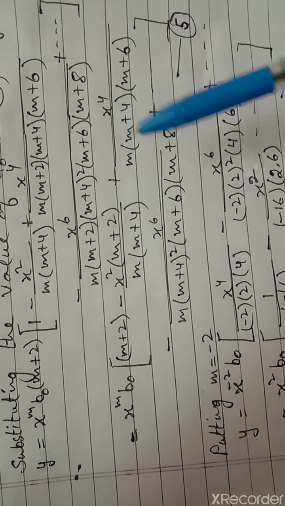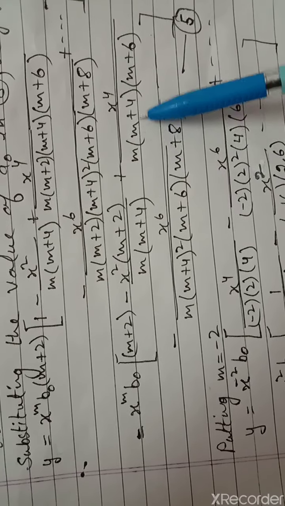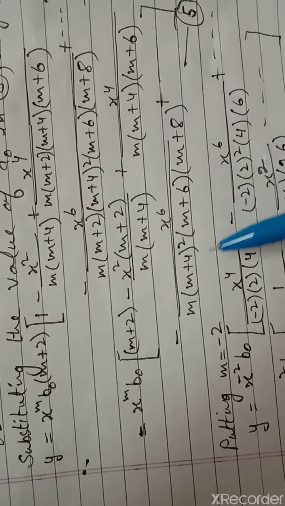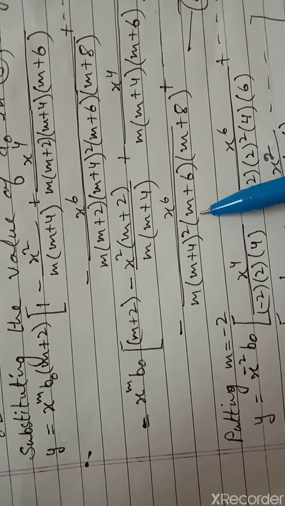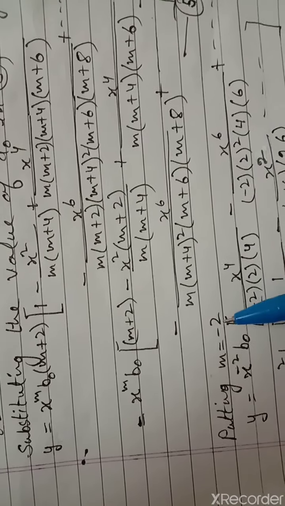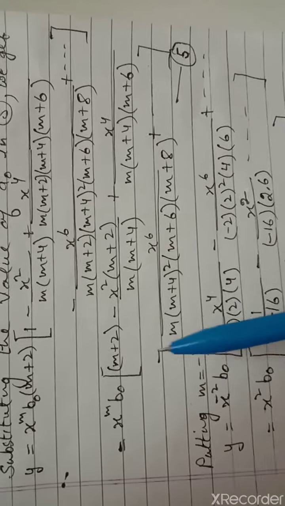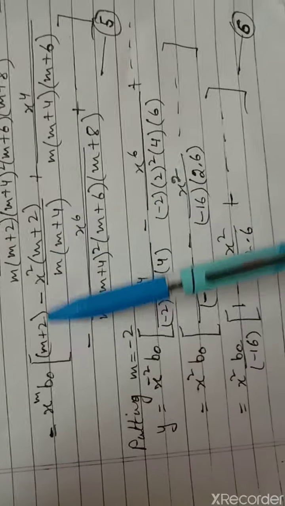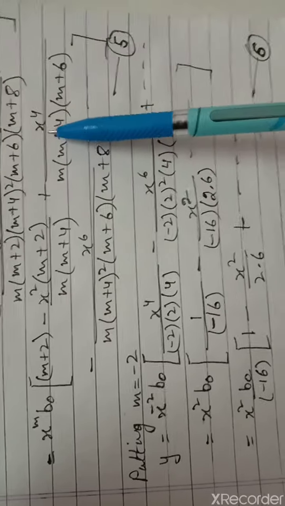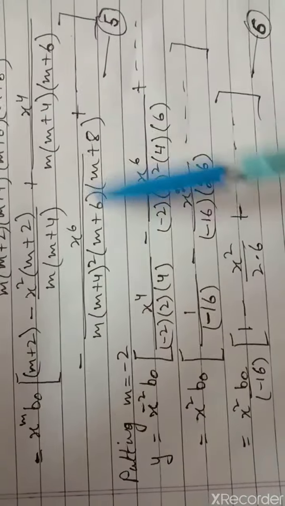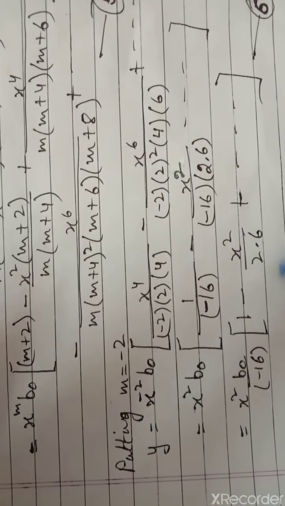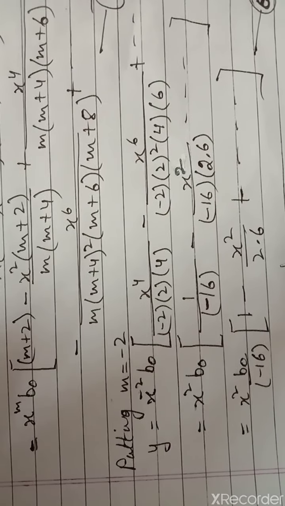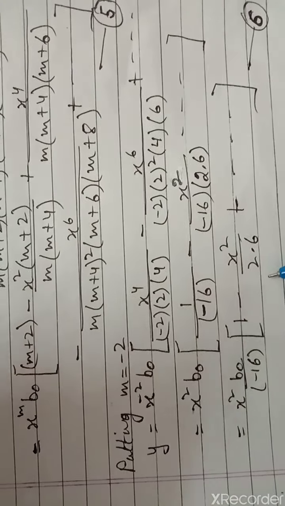So now we can substitute m equal to minus 2. The first two terms become 0, and now the third term is this, the fourth term is this. So we substituted m equal to minus 2 and got this series.